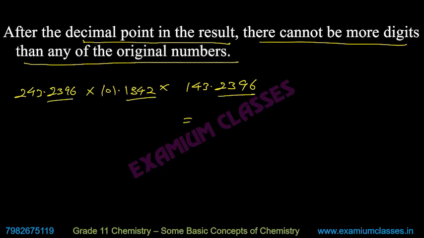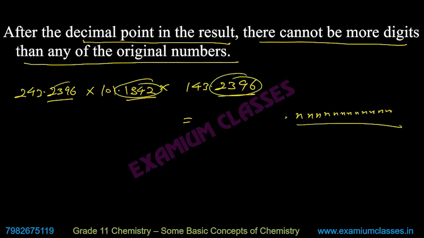Are you getting what I am saying? Yes, sir. Right? When you multiply so many decimal places, you will have 12. Okay. You will have 12 decimal places because you will have to consider 4 decimal places.